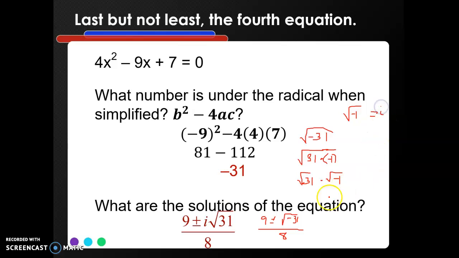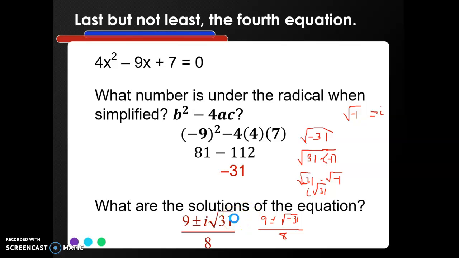So basically if you simplify this, you will have i square root of 31, which makes it a complex expression, right? Because we have an i here.